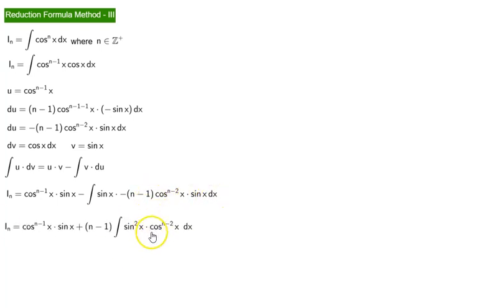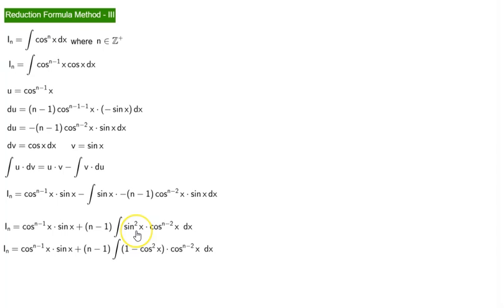We just keep simplifying this. This remains the same. n minus 1 is a constant. We take it out. Minus times minus is plus. So that we have n minus 1 times the integral of sin^2 x times cos to the power of n minus 2 x dx.